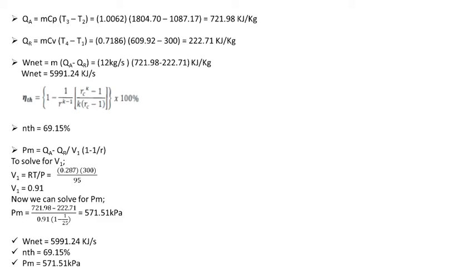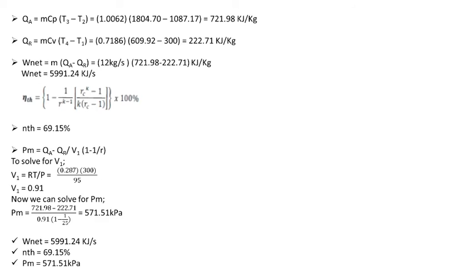Now we can solve for PM. PM will be equal to (721.98 minus 222.71) divided by 0.91 multiplied by (1 minus 1 over 25), and we will get the value of 571.51 kPa.